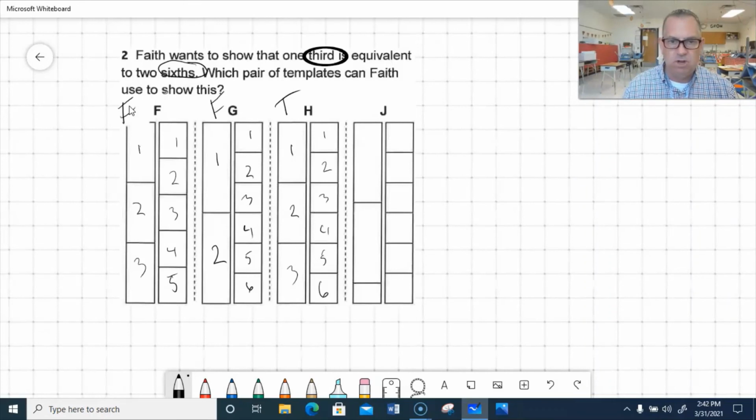Is answer choice J broken into thirds and sixths? Okay, we can see it's broken into 3 parts, but they are not equal. It doesn't look like these 2 may be equal to each other, this one and this one, but this third one is not equivalent. So that would make this a false statement also. So the one that you would use is H.